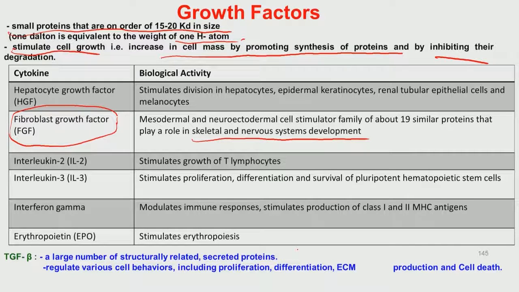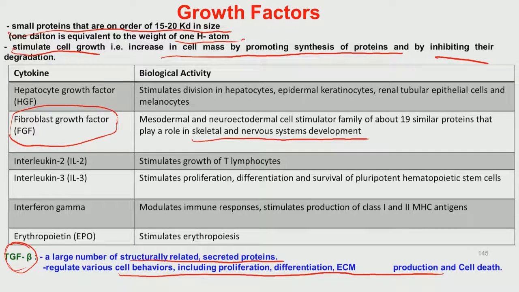Then you have the hepatocyte growth factor, and another important one in biomaterials research is TGF, the transforming growth factor beta, which represents a number of structurally related, secreted proteins. The role of TGF beta is to regulate proliferation and differentiation as well as extracellular matrix production, etc.